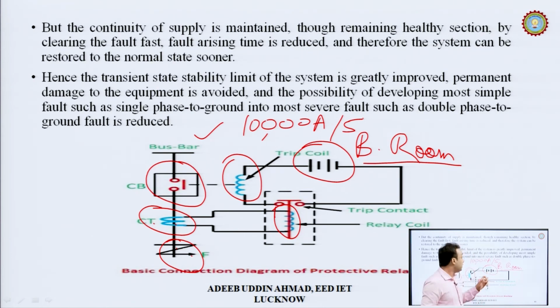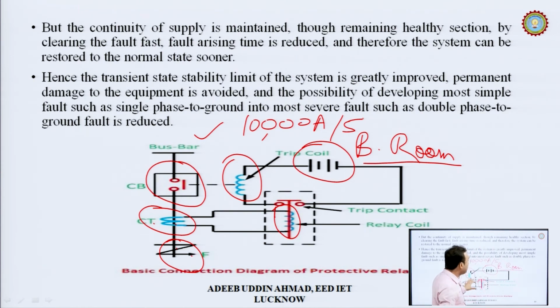Because 5 ampere current flows, this coil will understand that the 5 ampere current flowing condition is a faulty condition. So, this coil will energize, and after the energization of this coil, this section is closed. So, why is this section closed?